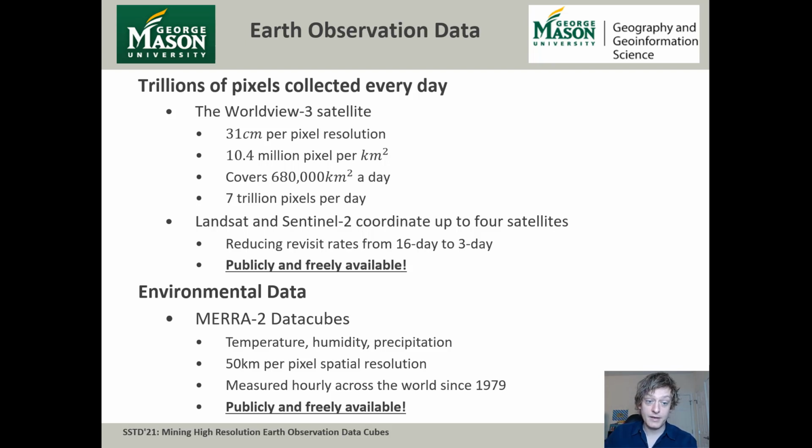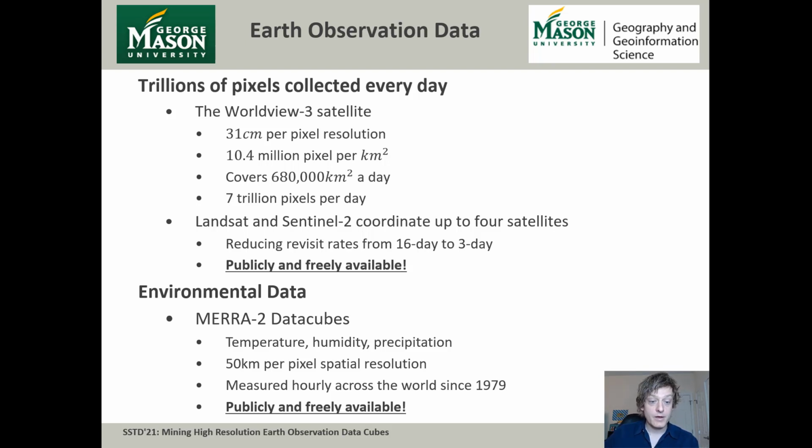But there are other satellites out there as well. For example, there is the Landsat and the Sentinel-2 program, which each coordinate up to 4 satellites. And by having more satellites, the advantage is that the same area will be visited more frequently. And the great thing about this data is that it is publicly and freely available. And in addition to image data, there's also different types of Earth observation data.